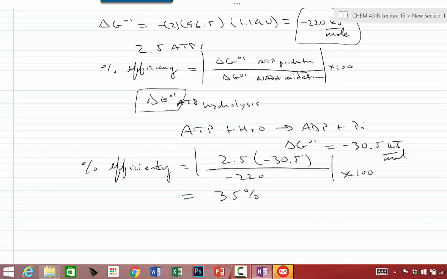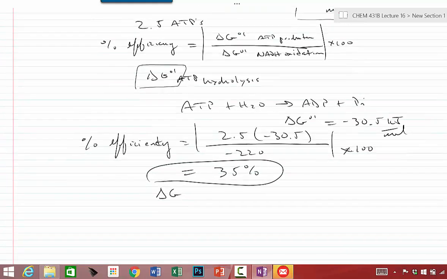So they actually push this value up a little bit by using what's known as the delta G rather than the delta G under standard conditions. But if all you're given are these values, then you can just calculate this is going to be 35%.